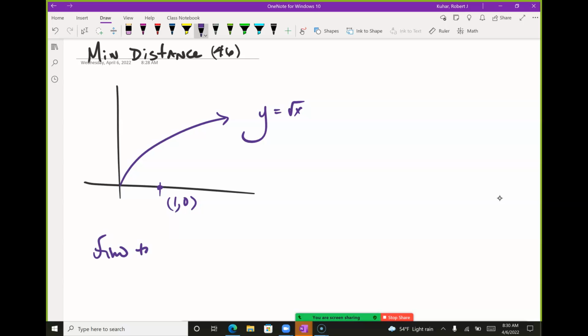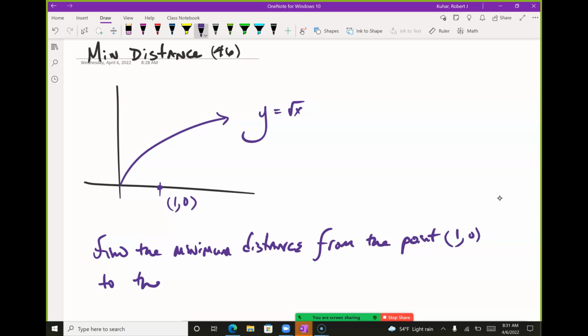So: find the minimum distance from the point 1, 0 to the curve y equals square root of x. If you notice, I already have my picture. I said you should have a picture. I already have my equation: y equals square root of x.